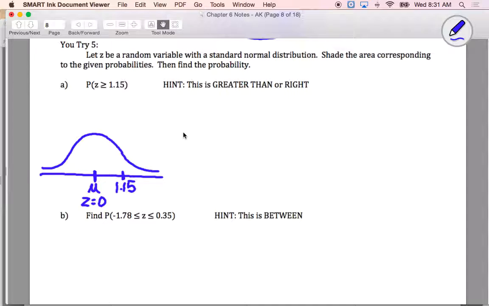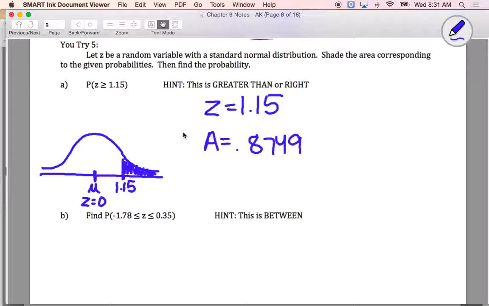So we are 1.15. Now, they want to the right of it. So that means I need to shade everything to the right of that number. So you are finding when z is 1.15, what is the area? So you looked at the 1.1 and then the 0.05 column. So you should have gotten 0.8749.